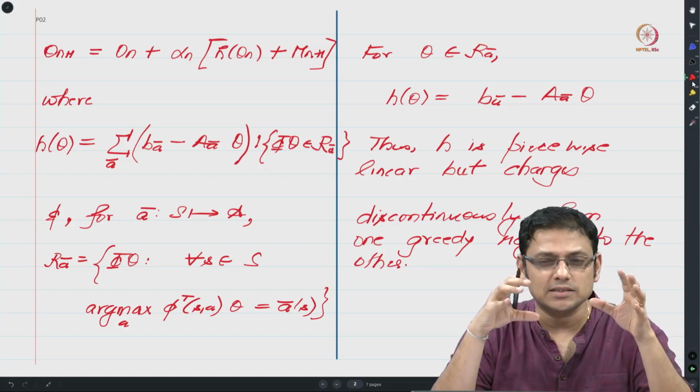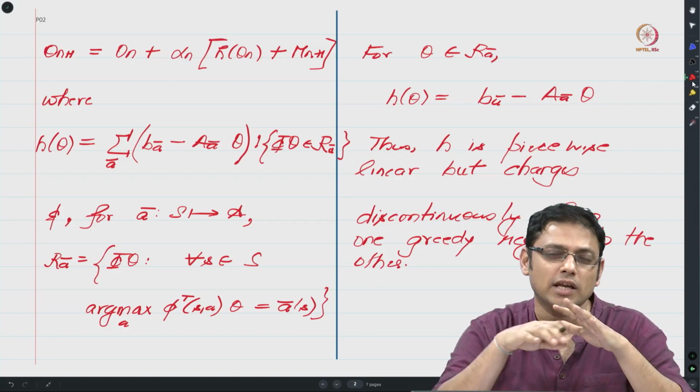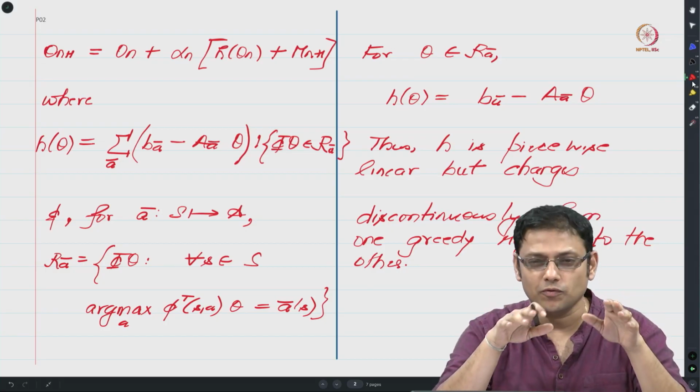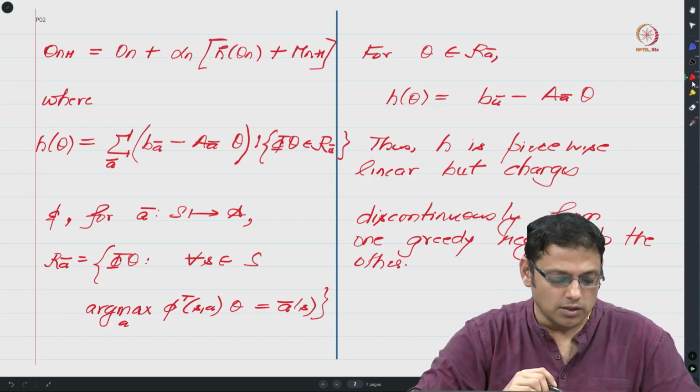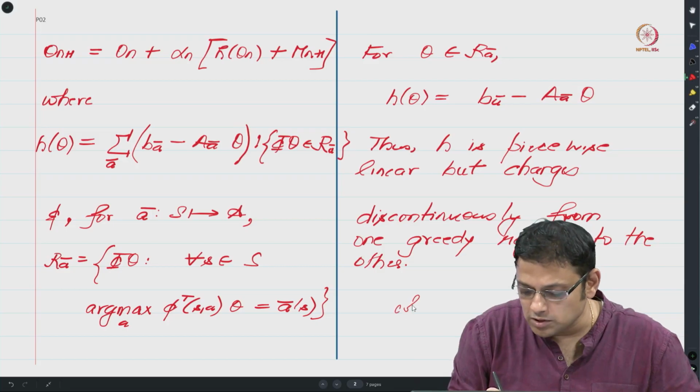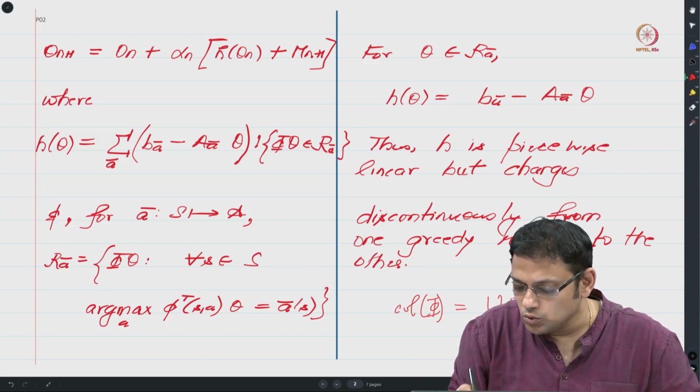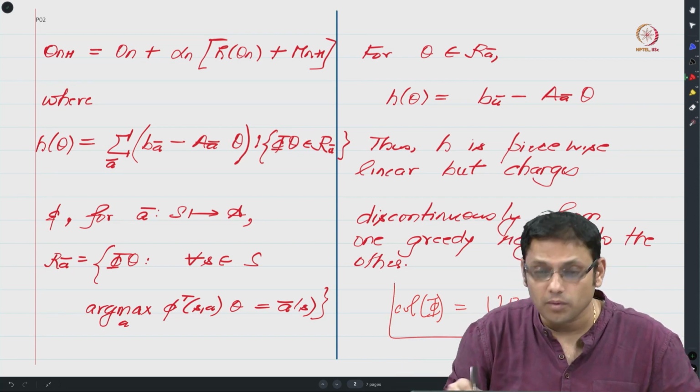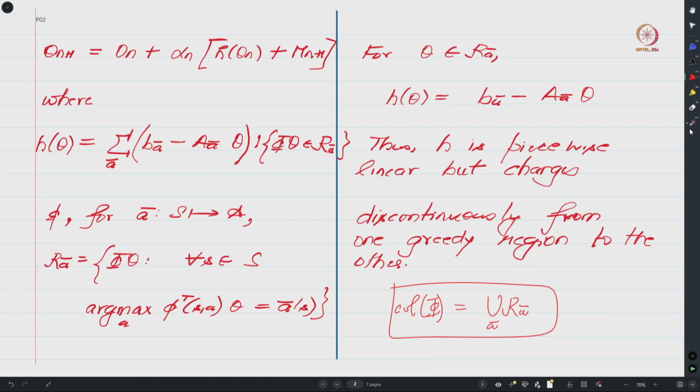The right way to say it is that if you take their union, it will form the whole column space of phi. So one needs to say that the column space of phi can be broken down into the union of R A bar. Sorry about that, that was a mistake from my end.